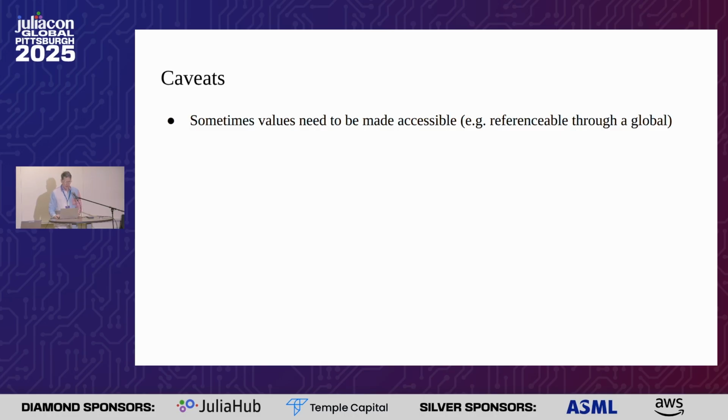Some caveats. Sometimes values need to be made accessible because you might have to go through a global or something to get to them in the path. You have to have a way to get to your values. That could require a change to your code in order to support monitoring. Even though it doesn't know about Monitor.jl, you might have to provide probes into your code.